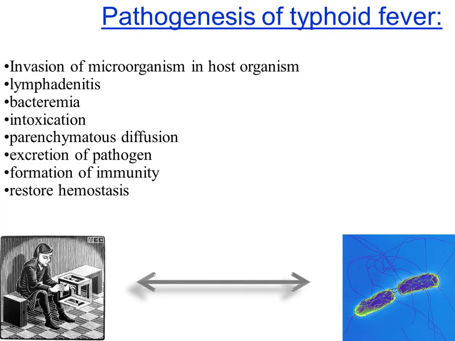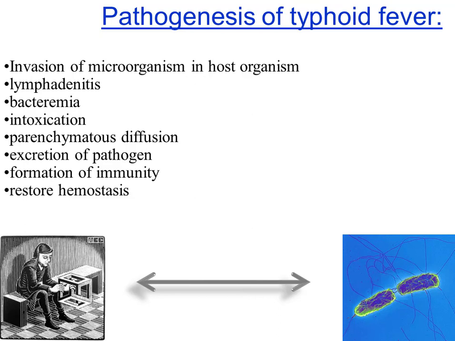Infection occurs through the alimentary route. The pathogen with infected water or food gets into the small intestine and multiplies in it, releasing endotoxin. Then Salmonella penetrates the mucosa without damaging the enterocytes, through group and solitary follicles, lymphatic vessels, and lymph nodes, forming the primary infectious complex, and enters the bloodstream. It's the onset of bacteremia in typhoid fever.